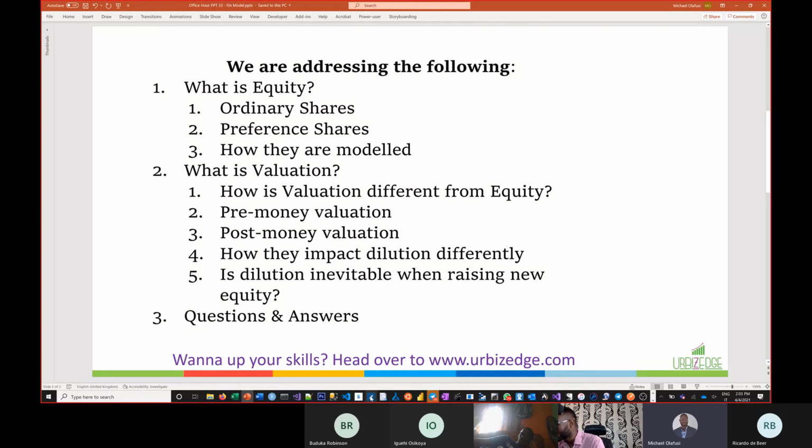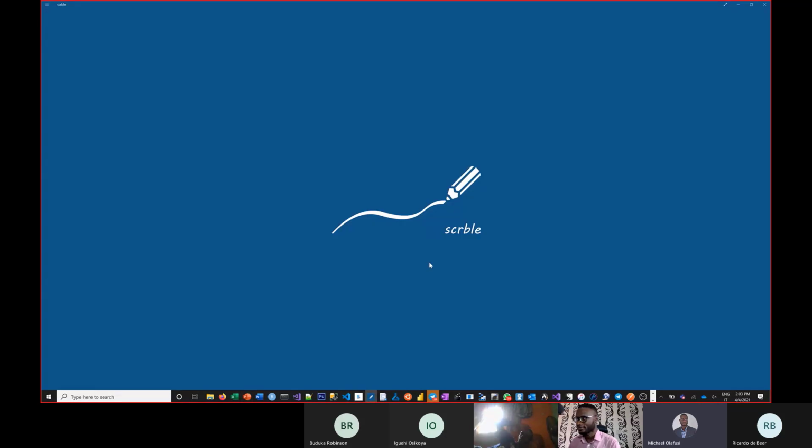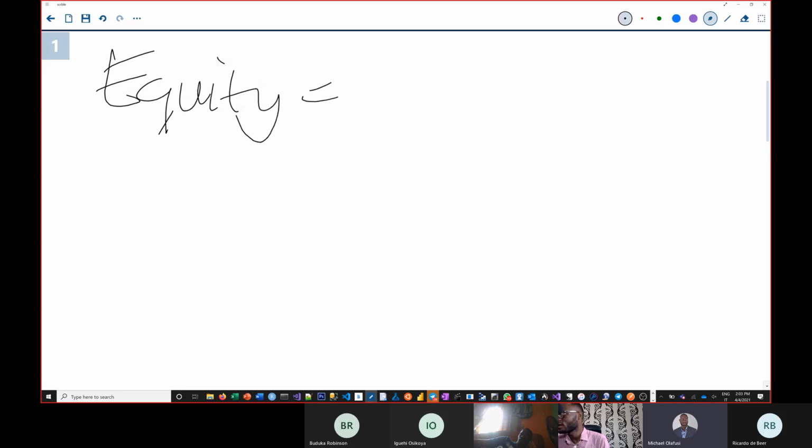Let me bring up a writing material on my device so that as I'm saying it, you can be able to follow along with what I'm writing on the screen. So what is equity? Let's forget about some high-sounding words.